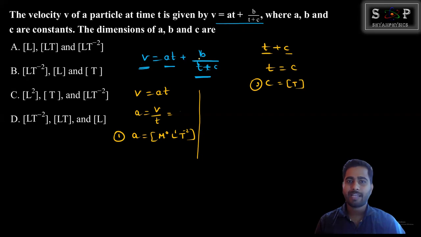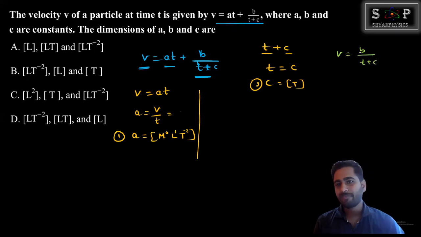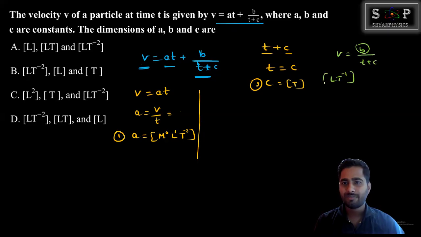As simple as that. Actually, if velocity, let me change color. If velocity equals B divided by T plus C, and I want to calculate B, velocity means L T^-1 dimension. Here, from both, it is adding; the common dimension if I take equals time.